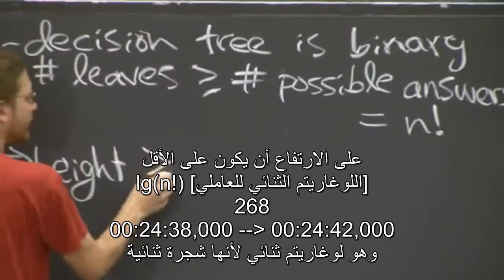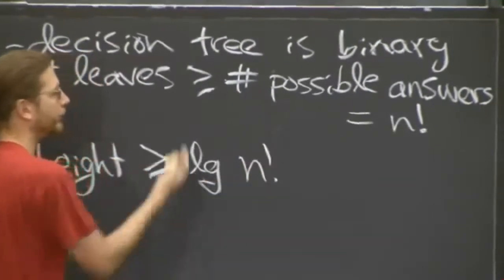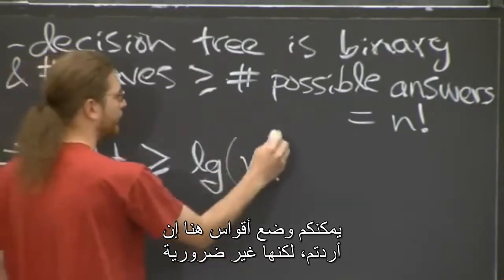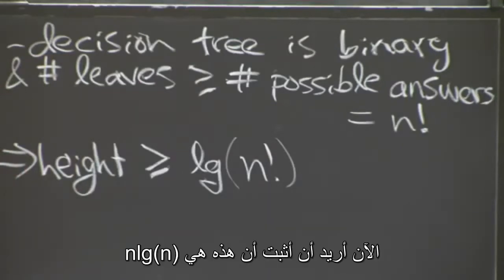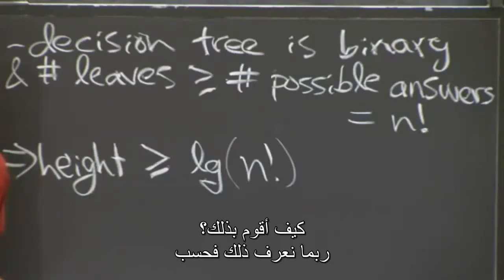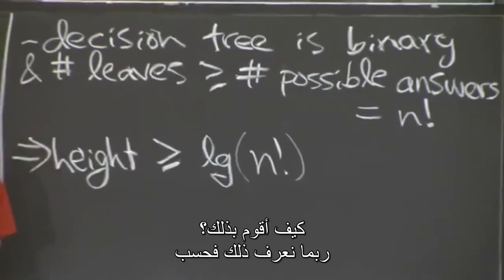The height is at least log base 2 of n factorial. Log base 2 because it's a binary tree. You can put parentheses here if you want. They're not necessary. So now I want to claim that this is n log n. How do I do that? Maybe you just know. Yeah?